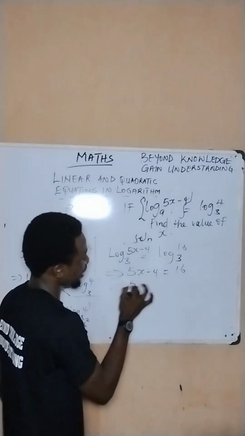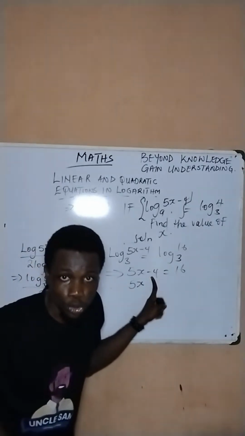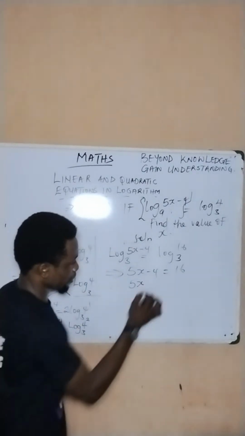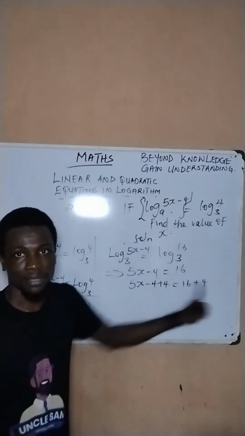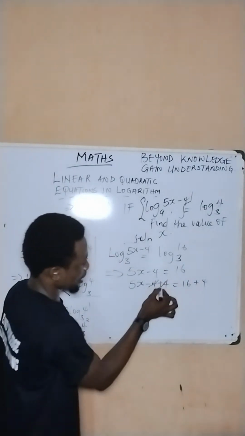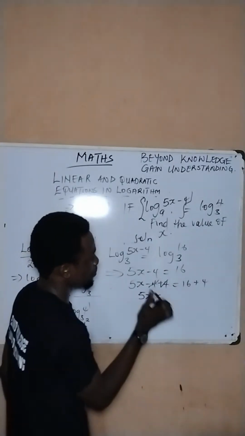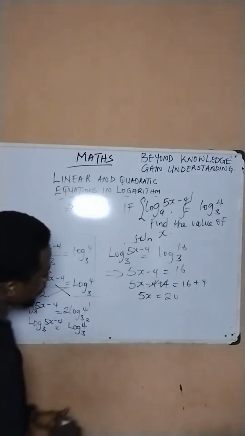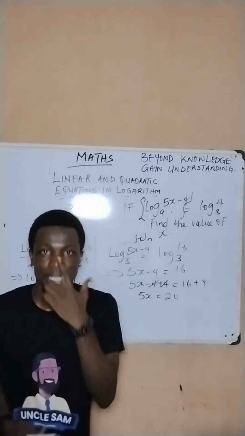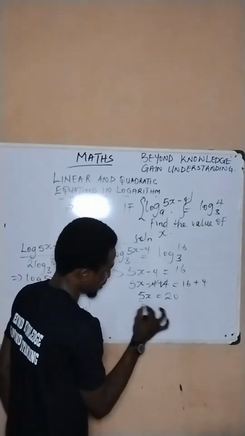So if that is the case, you go on to simplify. So this becomes your 5x. You now add 4 to both sides to clear this negative 4. Minus 4 plus 4 equals 16 plus 4. We added 4 to both sides. So this clears out, and you have 5x equals 16 plus 4, which gives us what? 20. And then we've gotten 20. What next can we do? We can divide both sides by the coefficient of x, which is 5, because we're asked to find x.